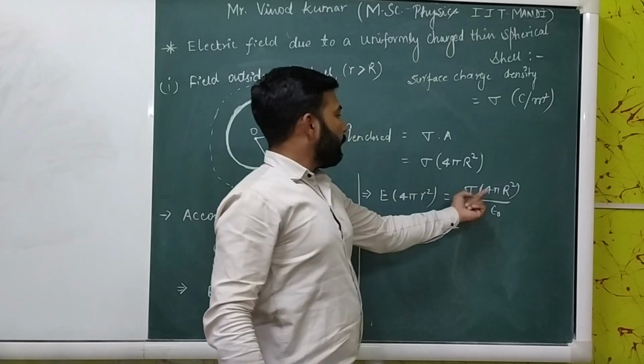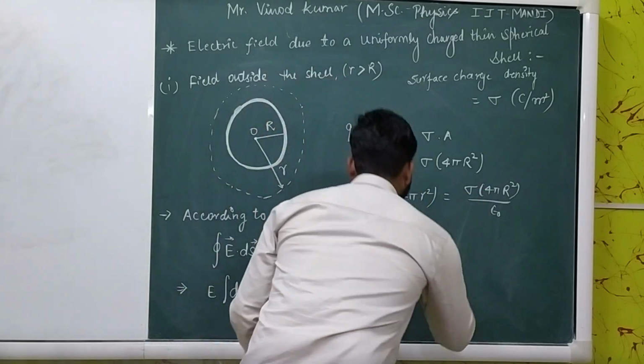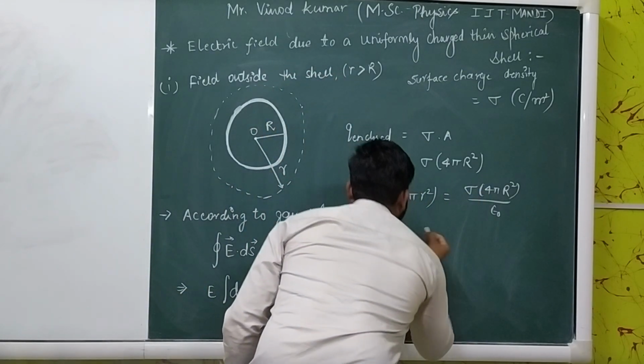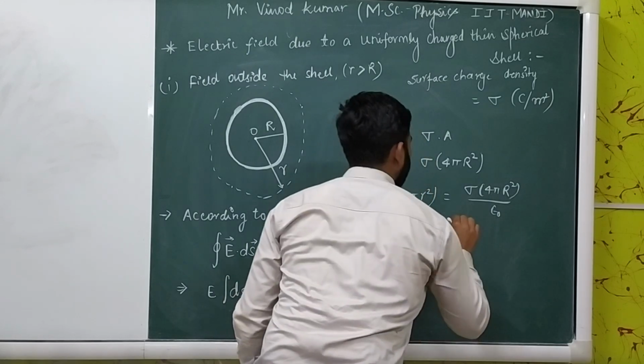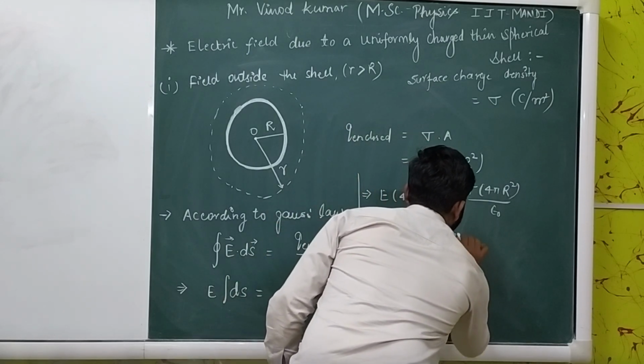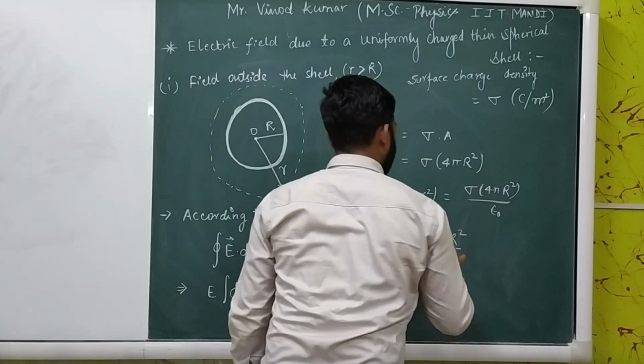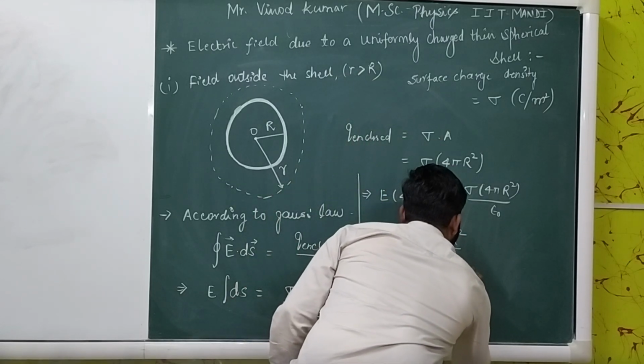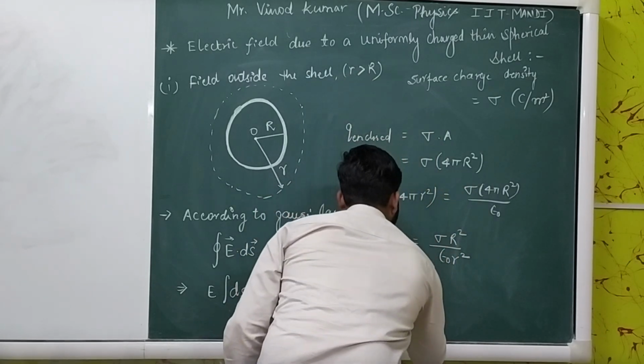Now this 4 pi and 4 pi will cancel out and we get the electric field as E equals sigma capital R square upon epsilon naught r square.